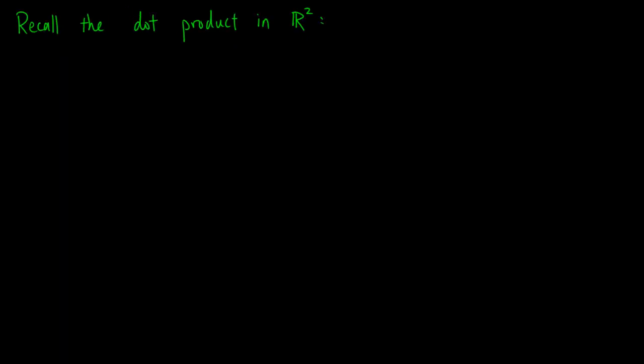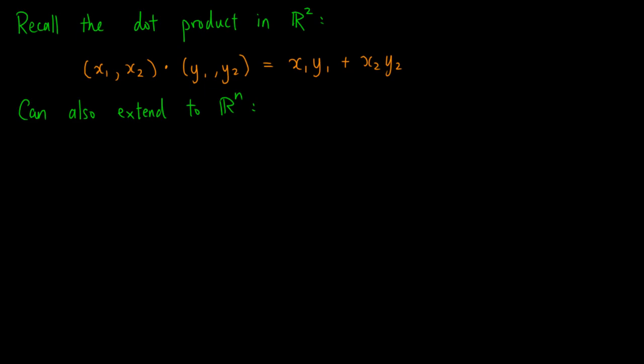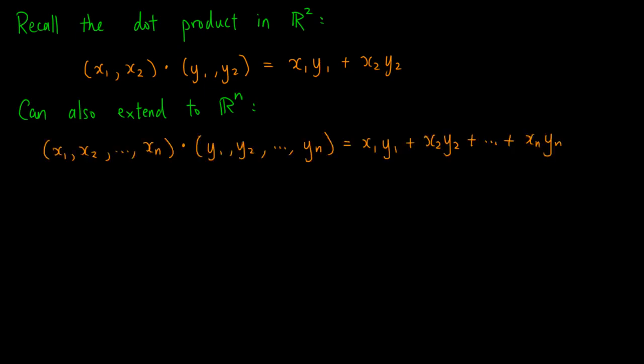We also recall the dot product defined in R2. That is, (x1, x2) dot (y1, y2) equals x1 times y1 plus x2 times y2. We can also extend this idea to R to the n, so that when we have a vector (x1, x2, up to xn) dotted with another vector (y1, y2, up to yn), it is equal to x1 times y1 plus x2 times y2 plus all the way to xn times yn.